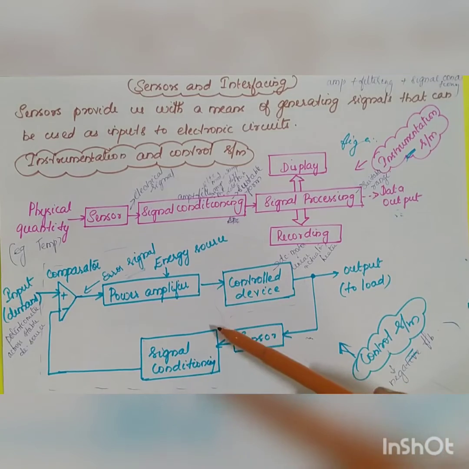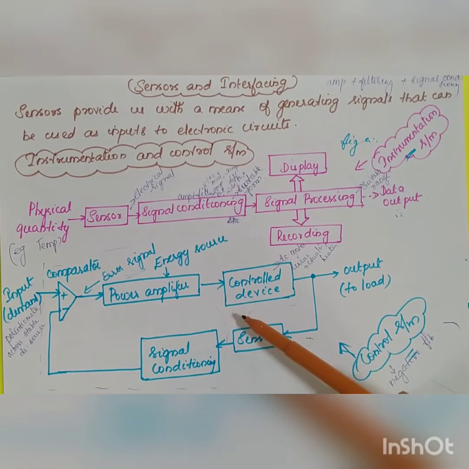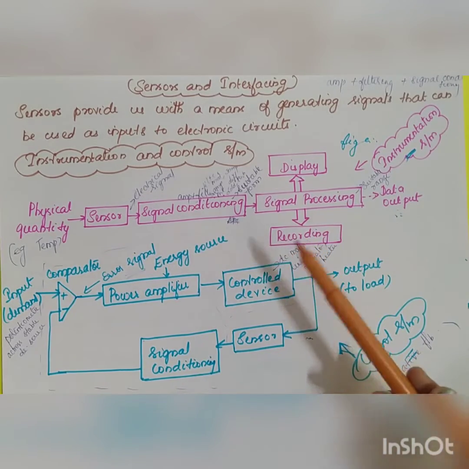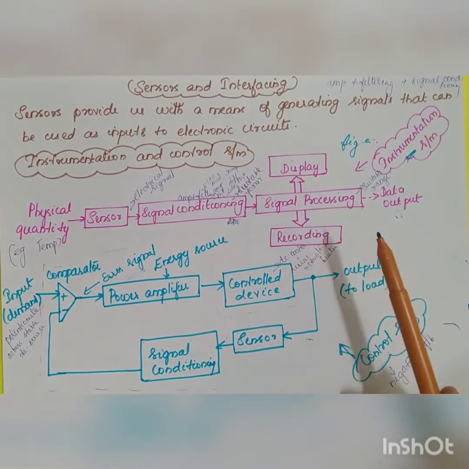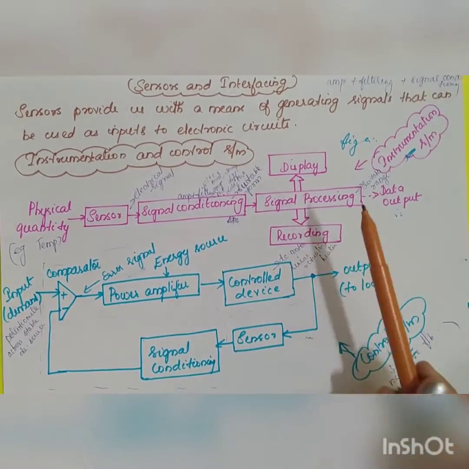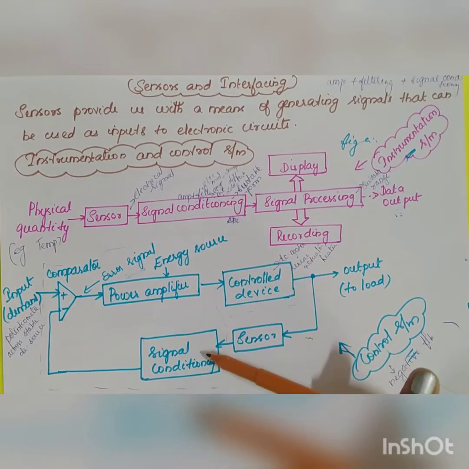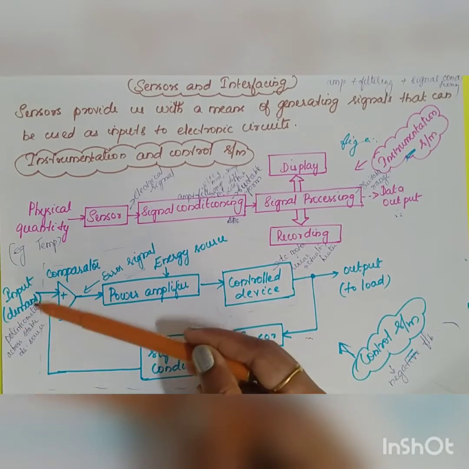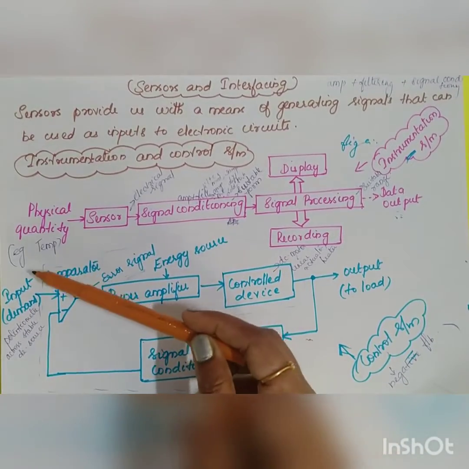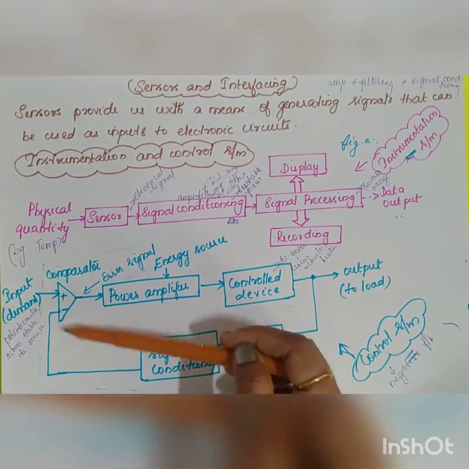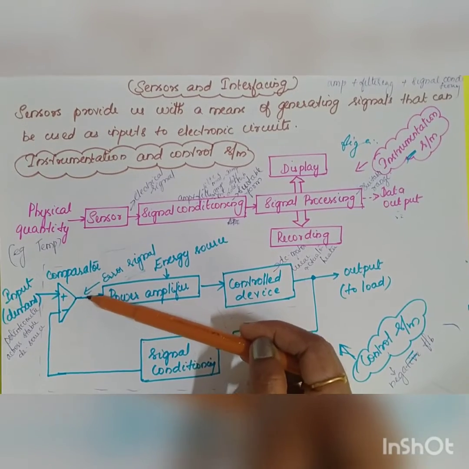Whereas in the case of a control system, you are going to control the parameter. For example, your geyser, your air conditioning system or your heater, all these are control systems, right? It basically consists of a negative feedback. The input goes to the comparator, which compares both the signals.